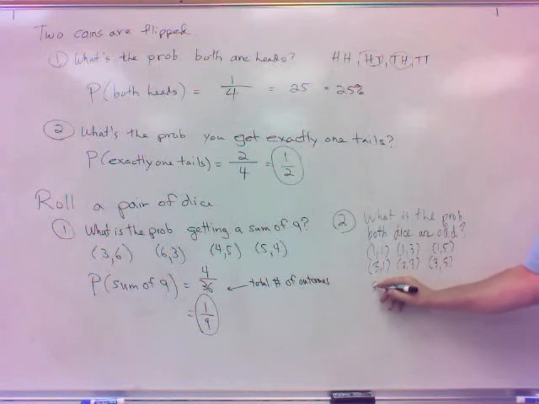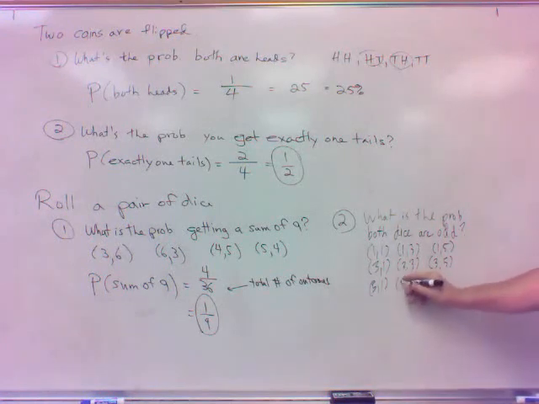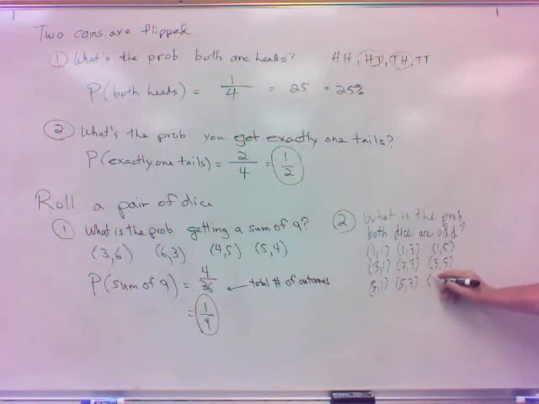What about 5, 1? Because again, 1, 5 and 5, 1 are different. Here the first one is 1, the second one's 5. Here the first one's 5, the second one's 1. So the order changes it. All right, so that'd be 5, 3 and 5, 5. Can you think of any others? I believe that'd be it.